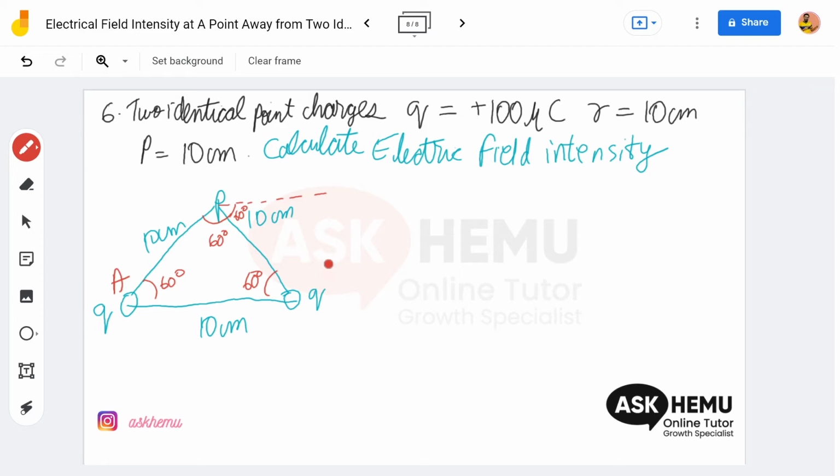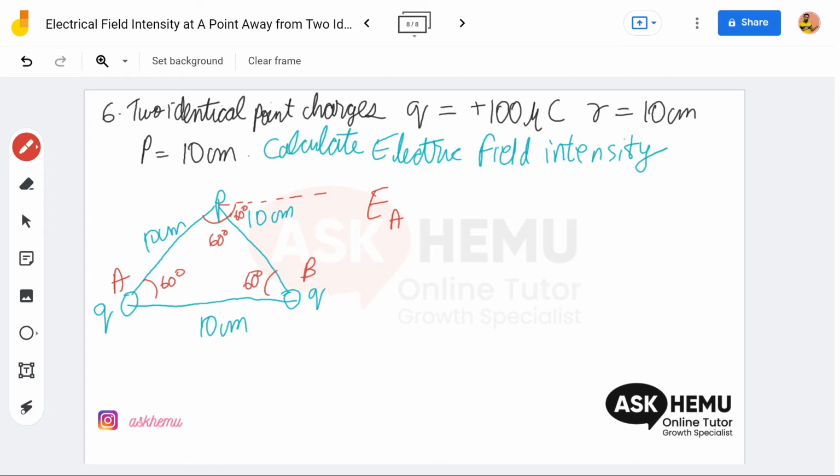I'm going to name one particle A and the second particle B. The electric field due to A at point P is going to have a fixed value.